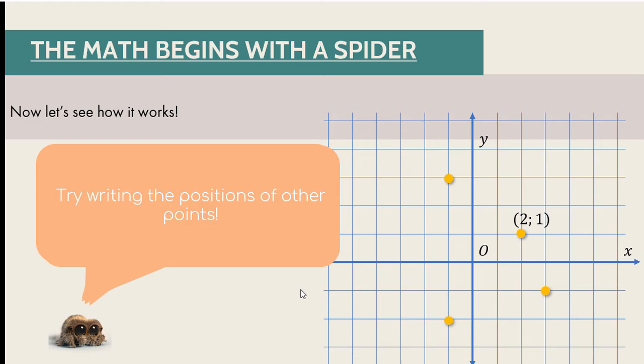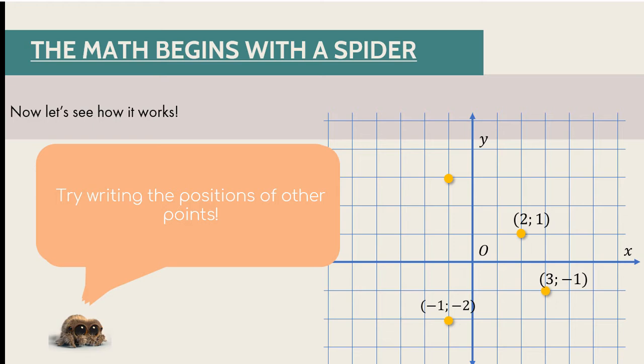Okay, have you got it? Let's see the answer. In the first point, it moves 3 units to the right from the origin, and it moves downward 1 unit. So the x coordinate is 3 and the y coordinate is -1. Combined together, we have the ordered pair (3, -1).